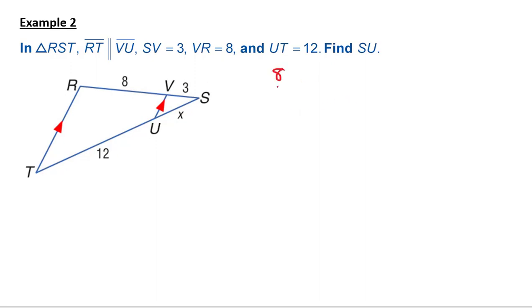So 8 is to 3 as 12 is to X. And this all comes, just so that you realize, from similar triangles. I've just chosen not to prove those similar triangles with you. So 36 over 8, I reduced that fraction to 9/2.